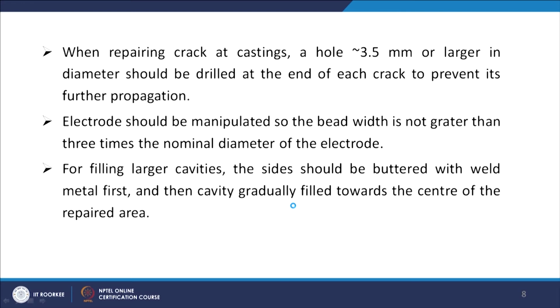For filling larger cavities, the sides should be buttered with weld metal first and then the cavity gradually filled towards the center of the required area. So, that is basically the buttering which is done. When you have larger cavities, the sides are first buttered with weld metal, and then you fill the cavity gradually towards the center of the repaired area.